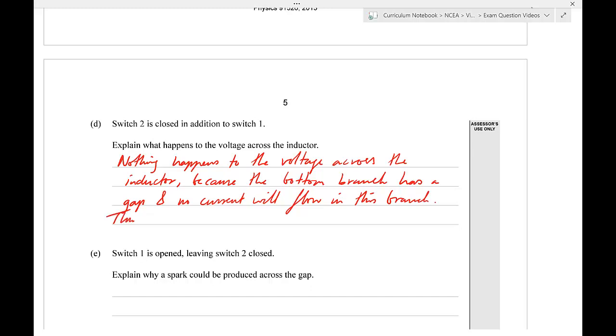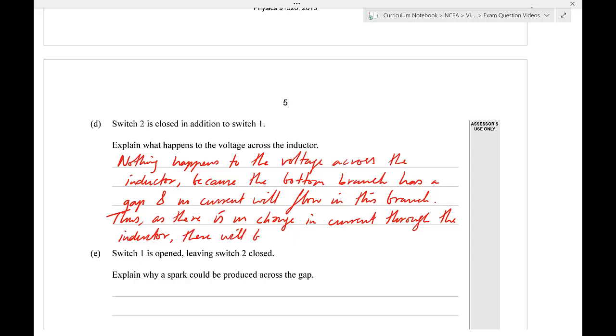Thus, as there is no change in current through the inductor, there will be no voltage induced. Okay.